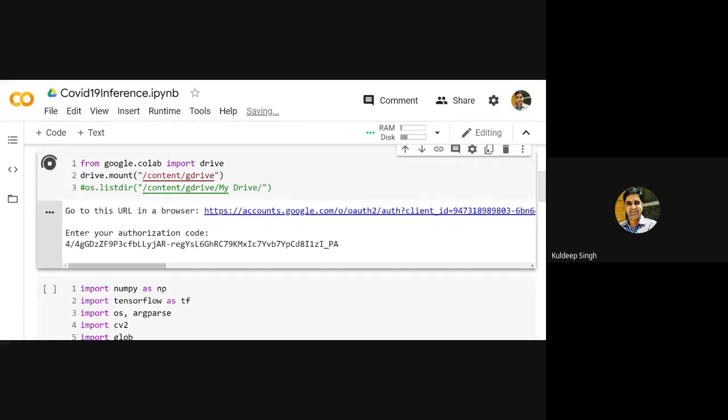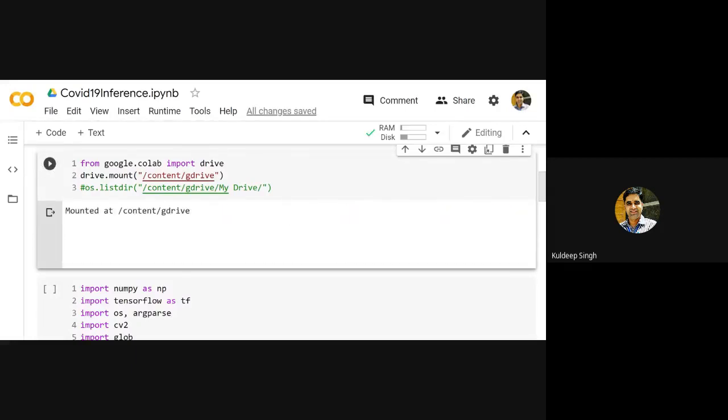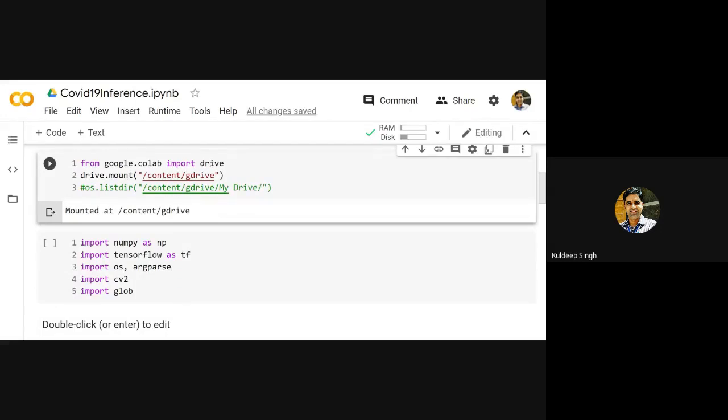The reason why we have to import our Google Drive to Google Colab is, since the storage provided by Google Colab stays with us for 24 hours only. After 24 hours, whatever data we have uploaded to Google Colab will be deleted automatically.